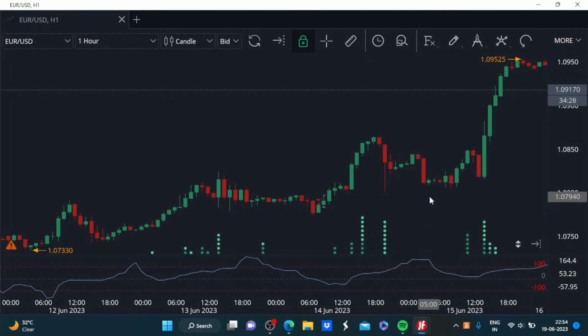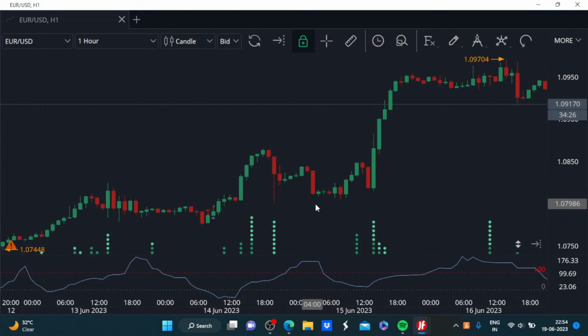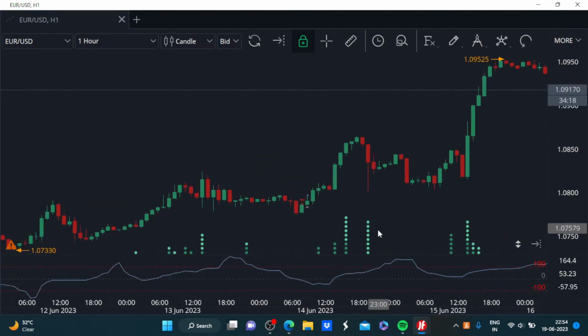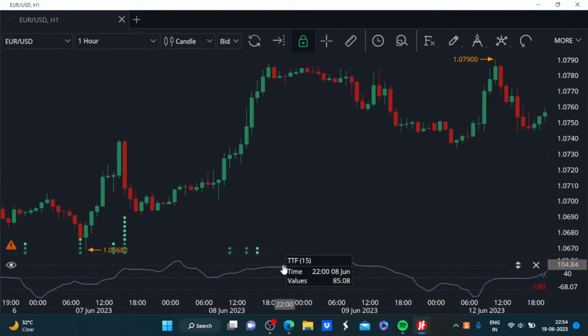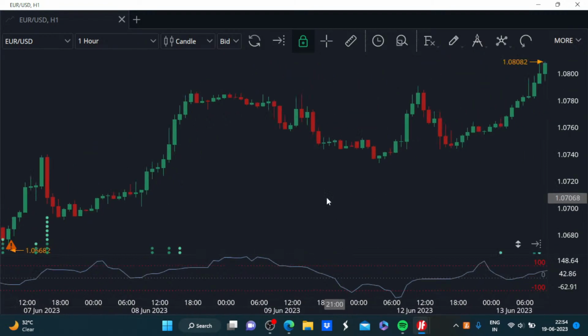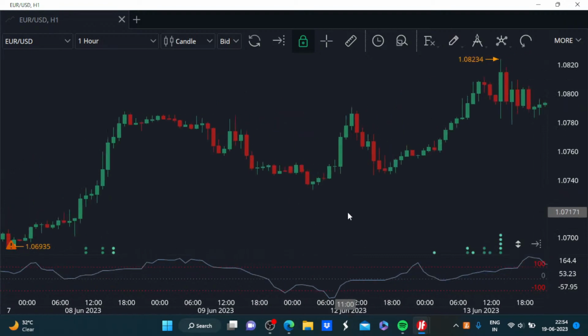So once we see the momentum gaining strength, gaining ground, we can indeed go for the entry for new trades when we see this kind of strong trend developing, when we see the output of the TTF rising above 100, and that opens up the possibility of a strong move further in the given direction.